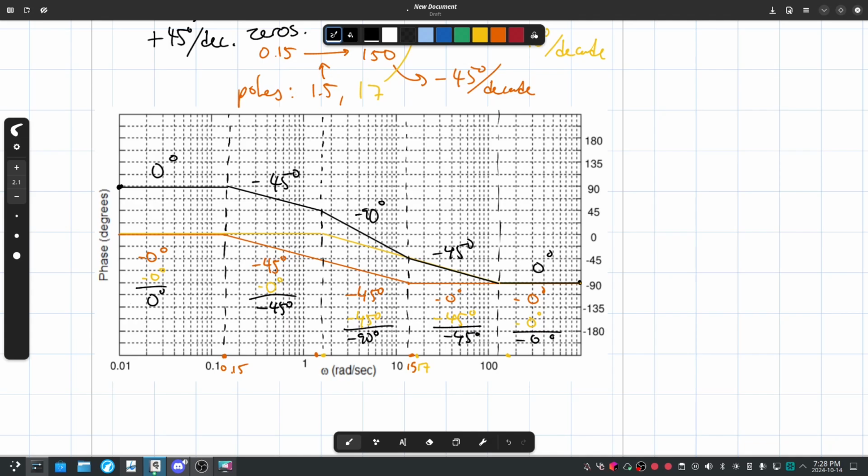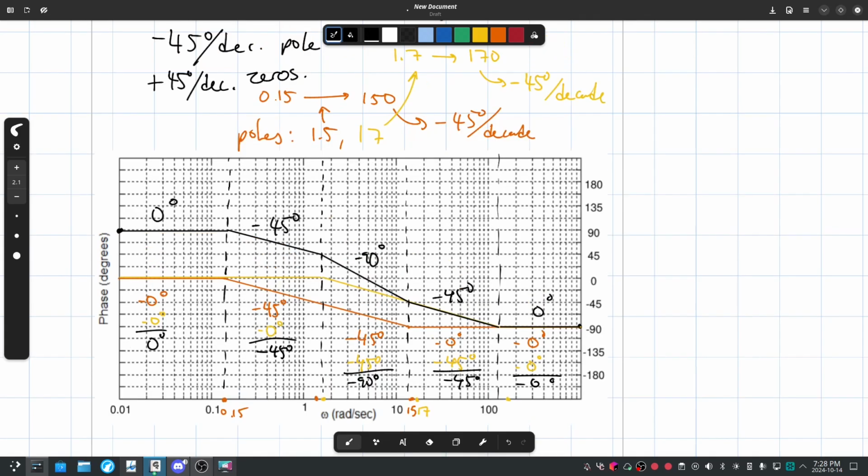Any questions? Oh, good catch, good catch, good catch. So that should be 15. Thank you. Why is it 45 degrees per decade?